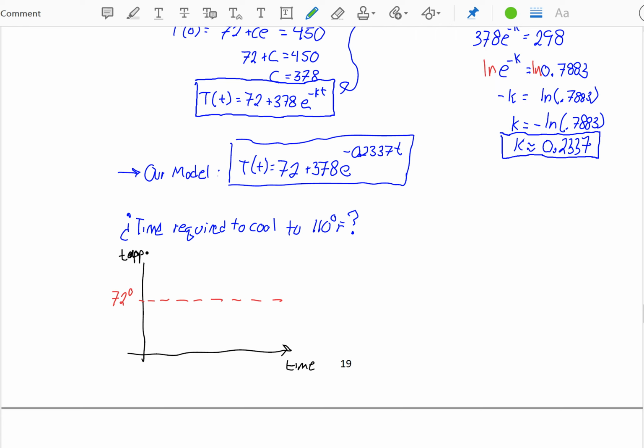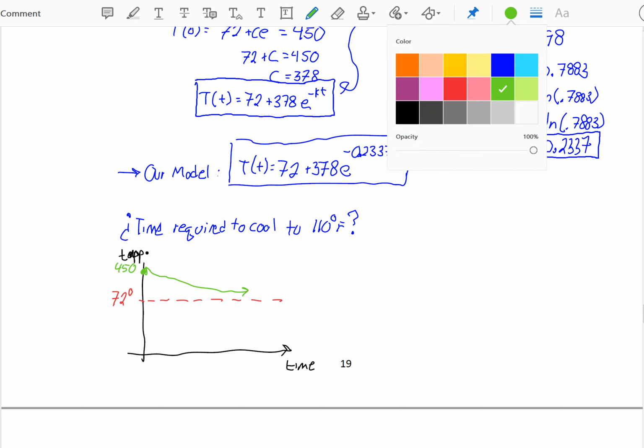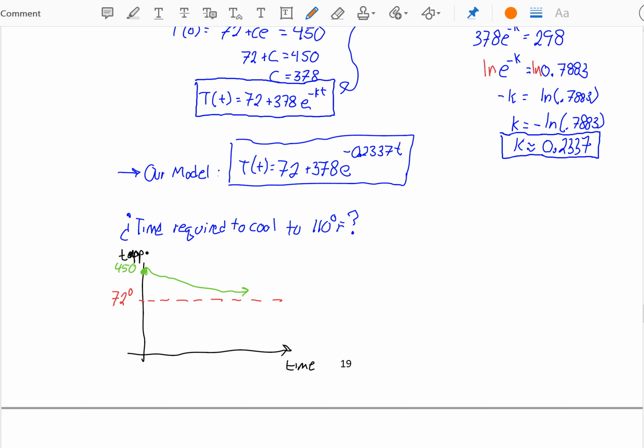Again, we know that we started at 450 degrees, which would be up here. And we know the pizza is going to cool down over time, something like this. So we're trying to ask in our question, when is it going to cool to 110? When will the pizza cool to 110 degrees? I probably should have spaced my graph a little further, but there's 110 kind of in the middle.